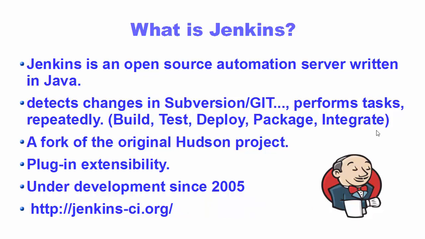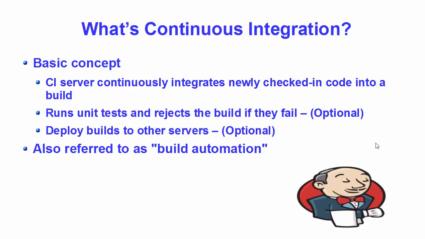Now before diving deep into Jenkins, we need to understand what CI or continuous integration is. The basic concept of CI is that a CI server continuously integrates newly checked in code into a build. So Jenkins detects those changes using the version control system and performs some tasks on them, for example building, testing, integration testing, or deploying those builds.